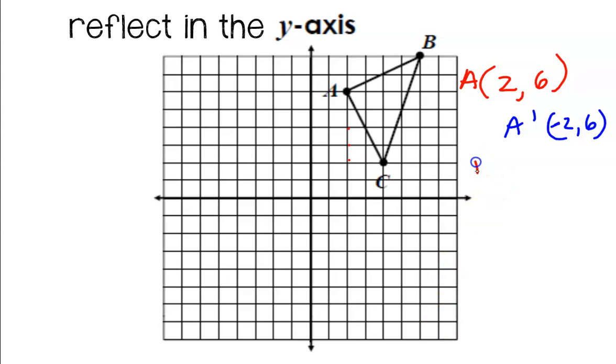So if you know all of your original points, then you can find your prime points by negating the right values. And again, you plot them, 2 to the right, 2 to the left, 6 to the right, 6 to the left, and you'll get the same shape.